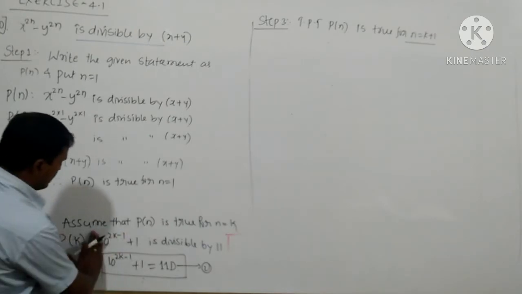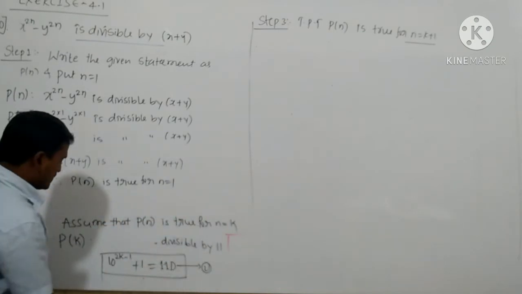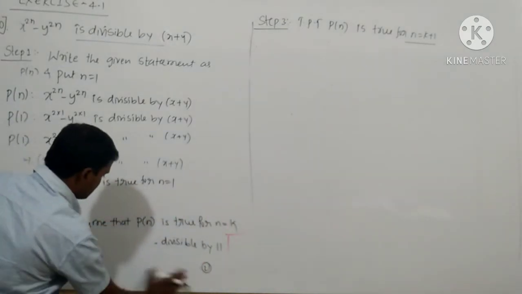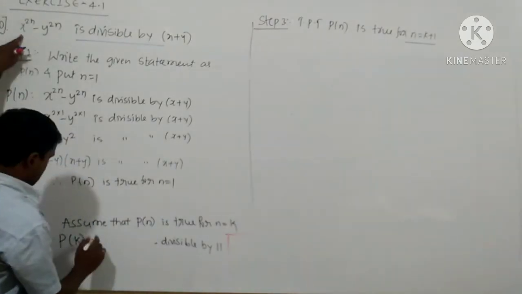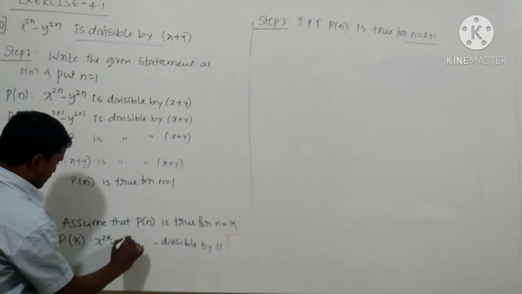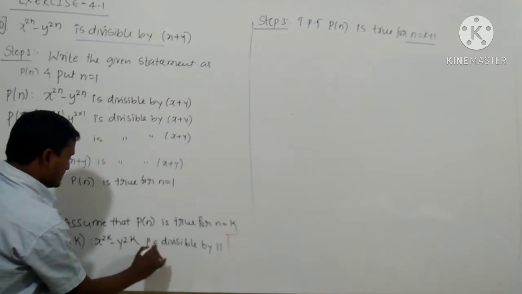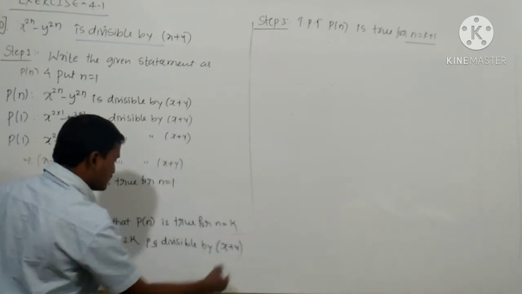Assume that P of n is true for n is equal to k. So n is equal to k means just replace the value of n by k. So therefore here it is x to the power 2k minus y to the power 2k is divisible by x plus y.